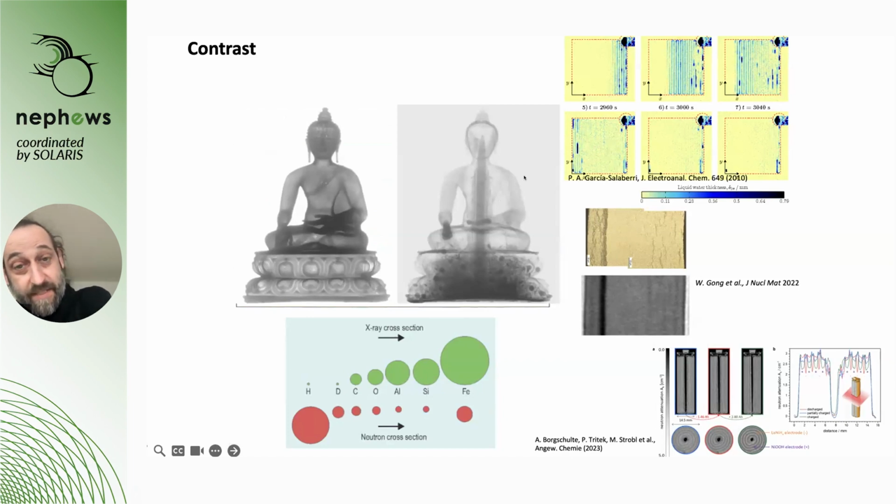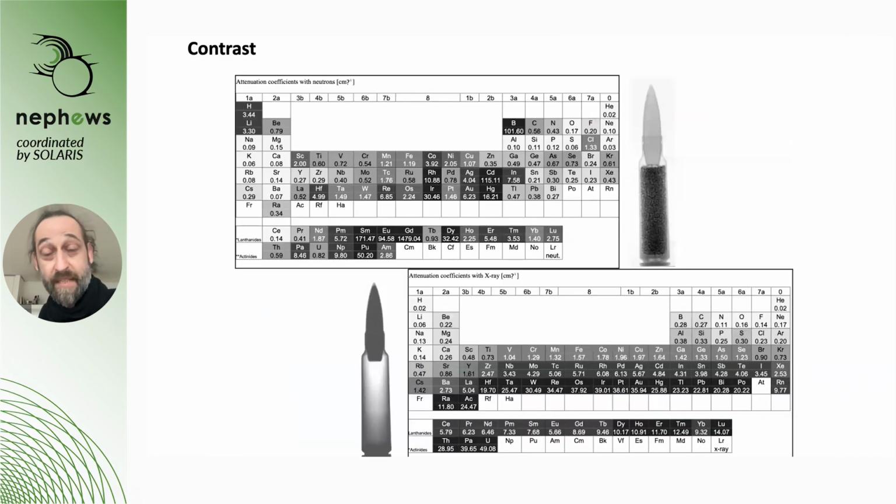And with neutrons, you penetrate the metal very easily, so you hardly see it, but you very well see the things contained in this statue, which is organic material, plants, and here you have a wooden column. So here you can see the complementarity of the contrast that you can achieve, and very often we therefore also combine neutron and X-ray imaging, because it's very simple to put an X-ray imaging setup into your neutron beam and measure both at the same time.